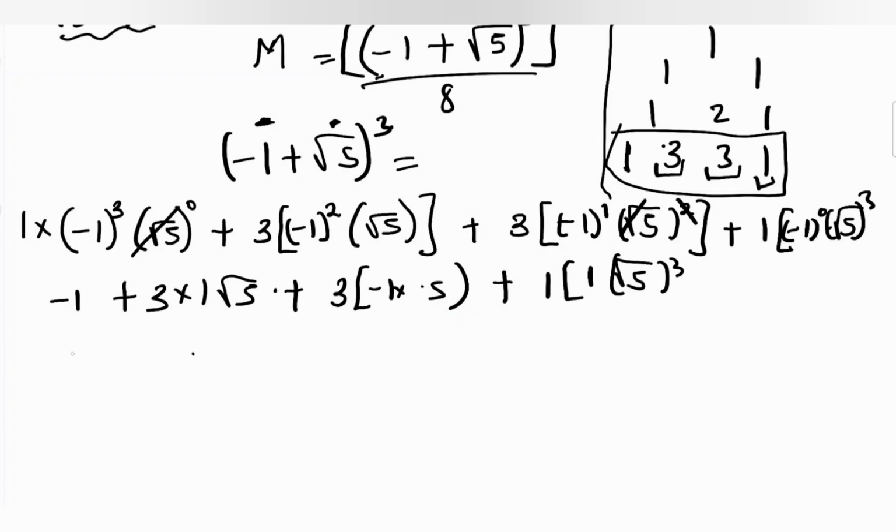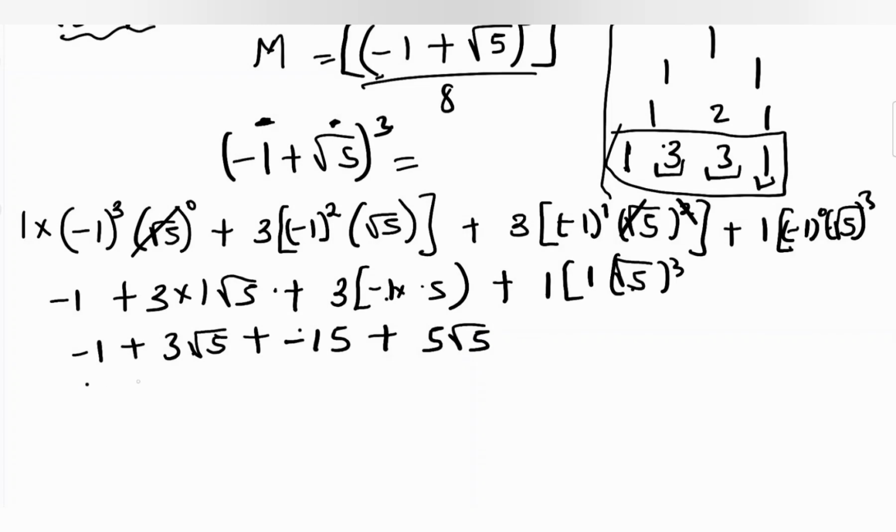Now you can see I'm having -1, plus 3 times √5 is 3√5. Then plus 3 times -1 times 5 is -15. Then plus 5√5.